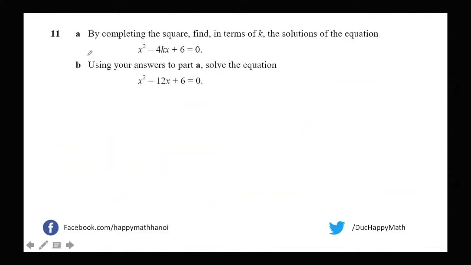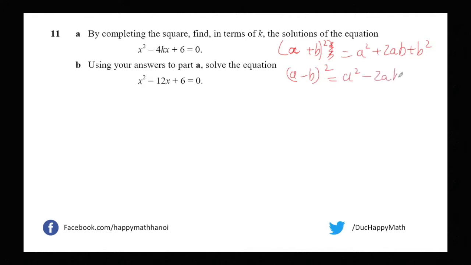By completing the square, find in terms of k the solution of the equation. Completing the square means you have to make this equal to the form a squared minus 2ab plus b squared.